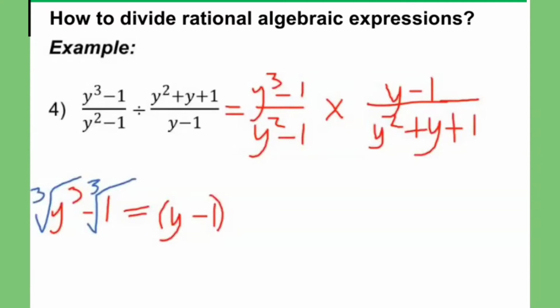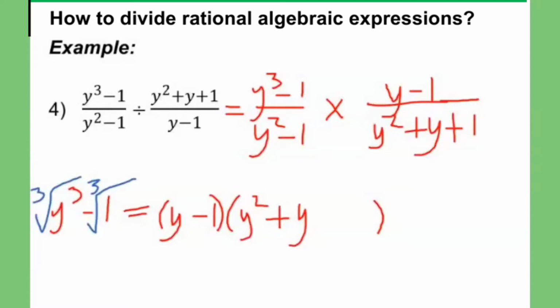To get the other factor, we simply square the first term, y times y, y squared. Multiply the first and the second term, y times 1, that is y. And the sign here must be positive.